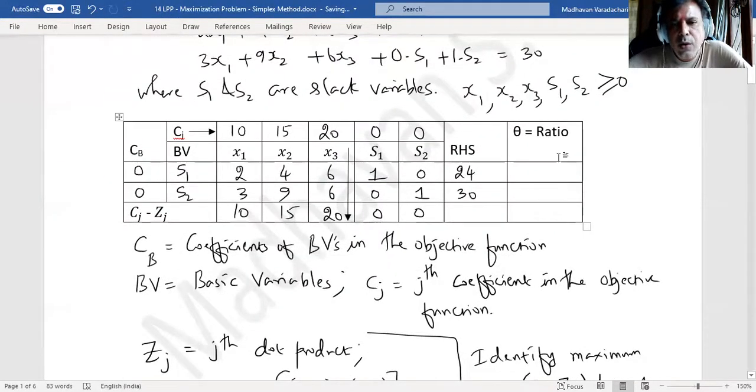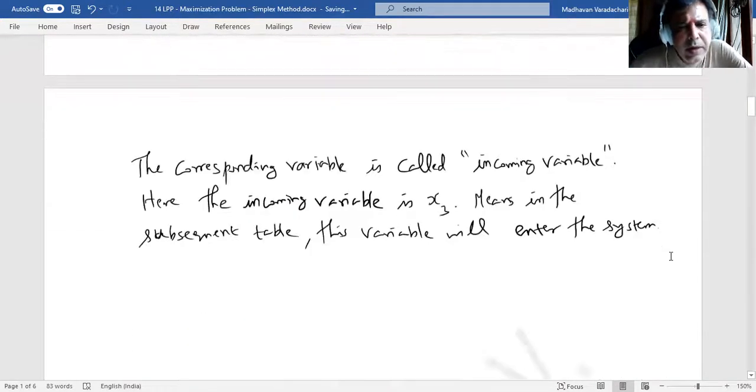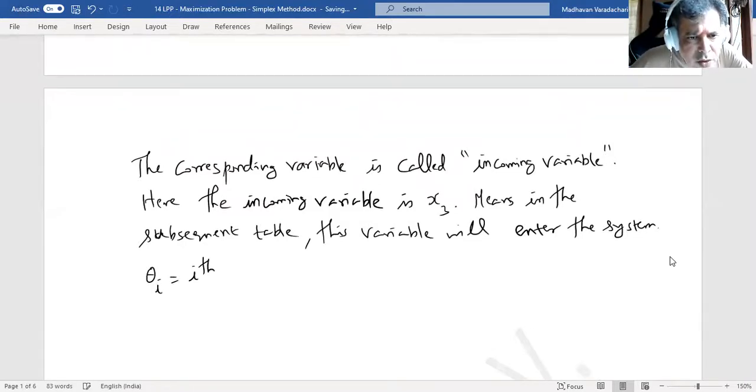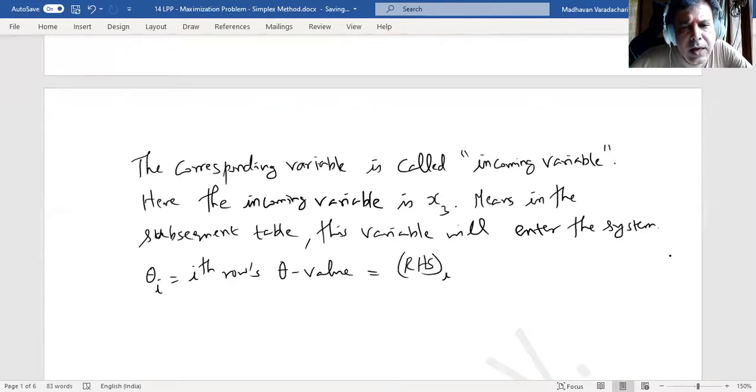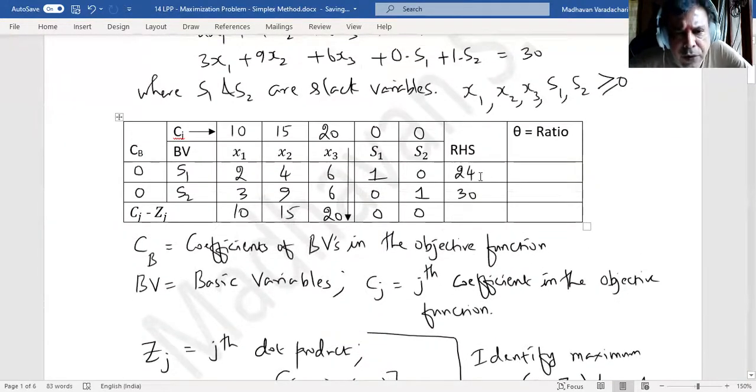Okay. Now, how do we calculate this theta, which we also call ratio? Theta suffix i means ith row's theta value. Ith row's theta value is equal to RHS of that ith row, divided by pivotal column element of that row, right? So what does it mean? Go back. 24 is the first row. Pivotal column element is 6.